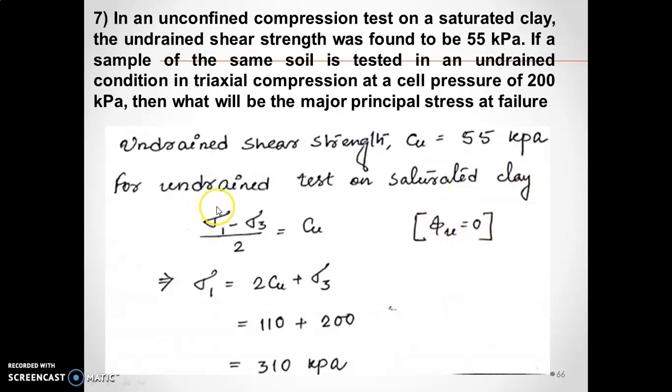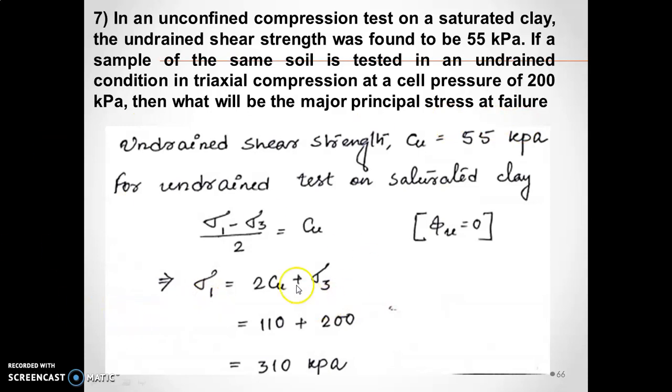Okay, now we have this formula, sigma 1 minus sigma 3 divided by 2 is equal to Cu. Now sigma 1 we have to calculate, because it is asked to find the major principal stress at failure. Major principal stress is sigma 1 and minor principal stress is sigma 3.